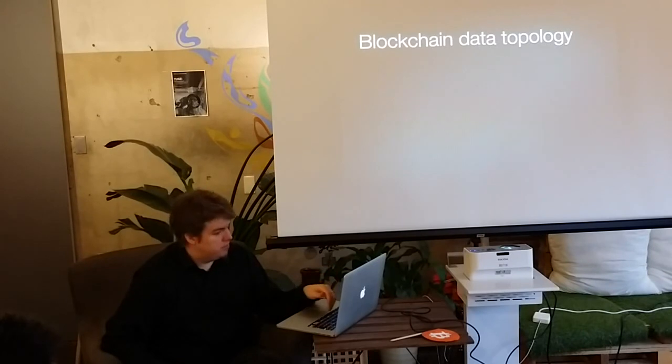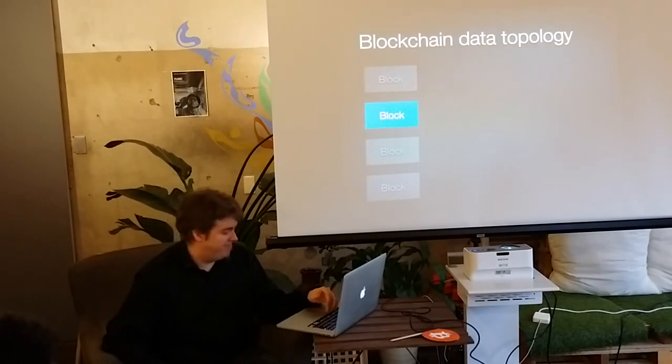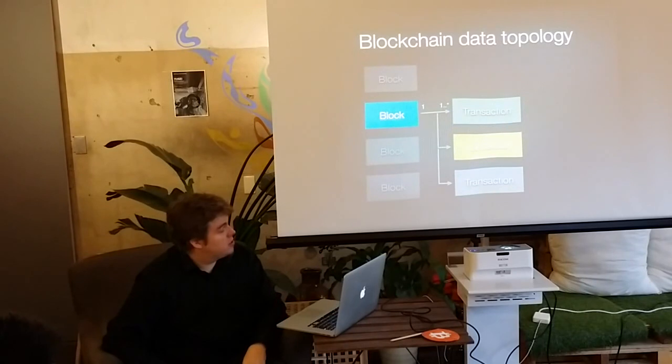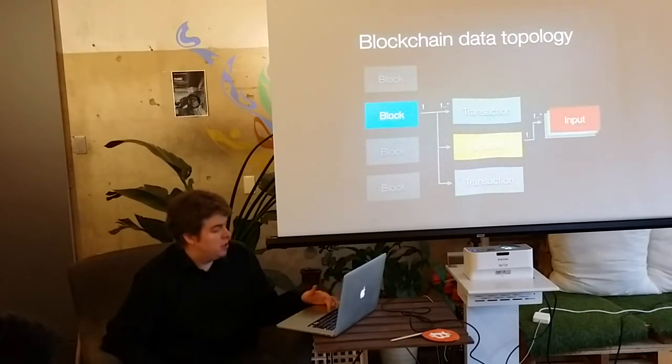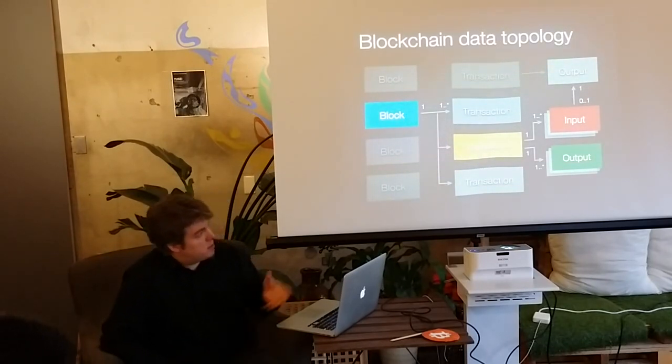So going through how the blockchain looks, we've got sequences of blocks in a chain, and each block contains one or more transactions. Each transaction contains one or more inputs and one or more outputs, and of course, each input is referring to exactly one output. So there's a reverse relationship there as well.